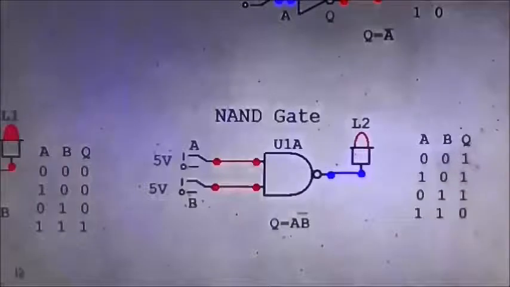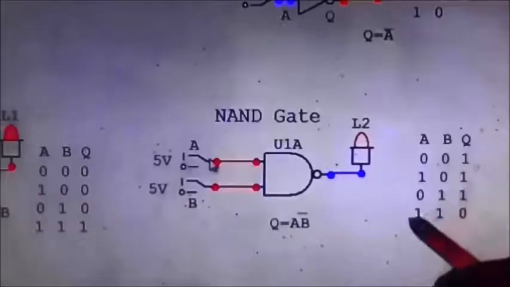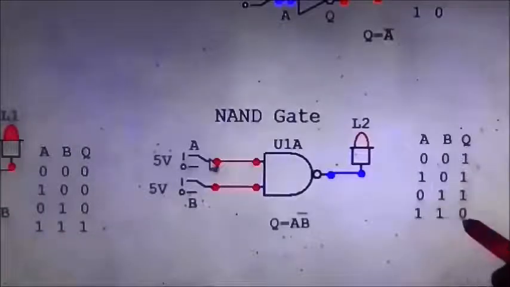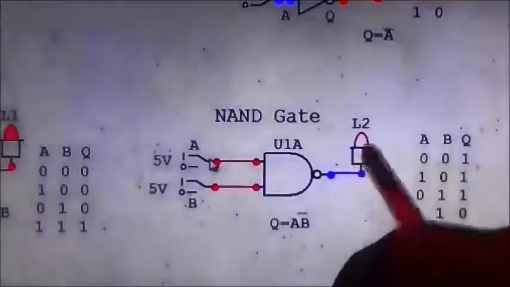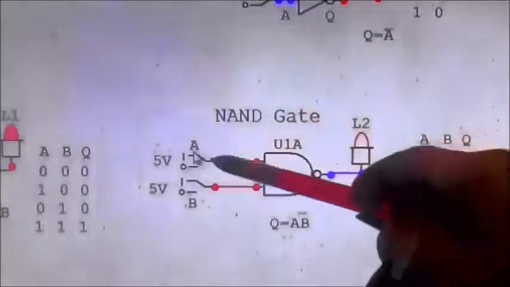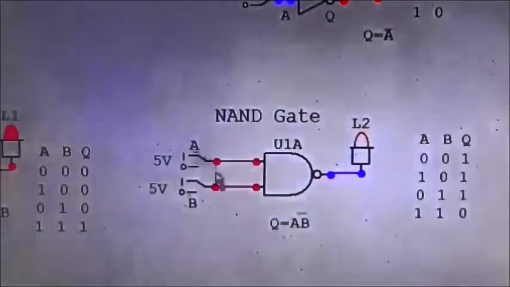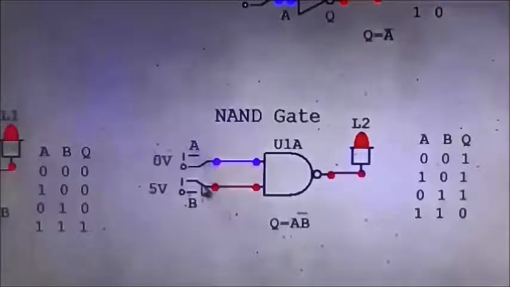Well, let's test it and see, shall we? So when we've got 1 and 1 for A and B, Q should be 0. And here we have got 1 and 1. If we set them to any other pattern, what we'll find is that the output is always high.